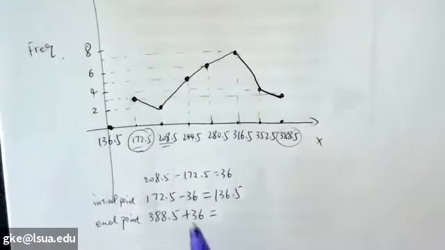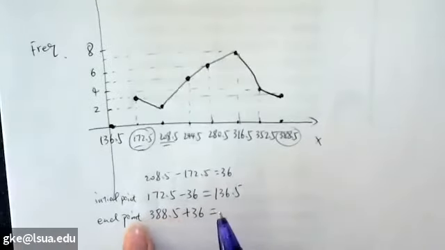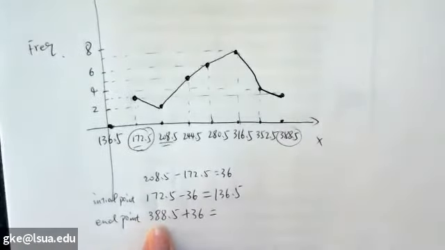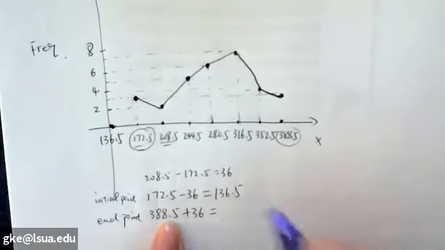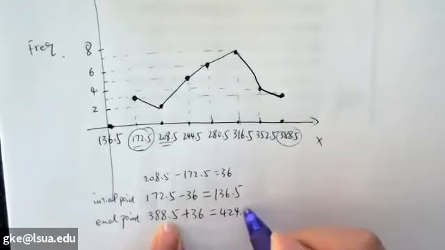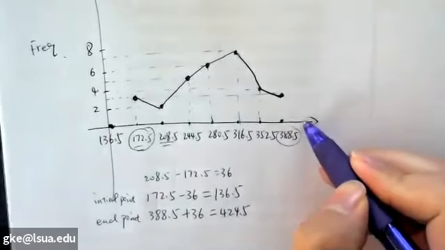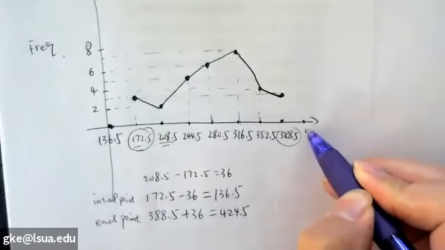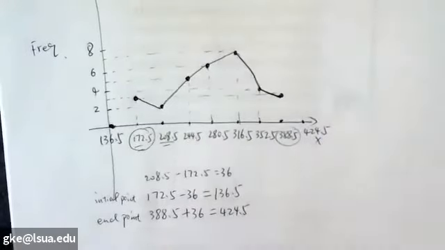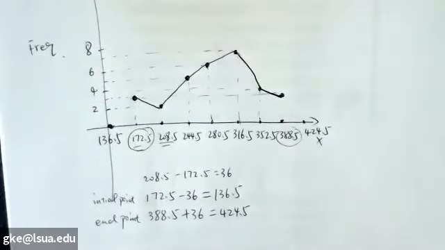Okay, so now the last point, or the end point, should be 424.5. So you find the end point is 424.5.